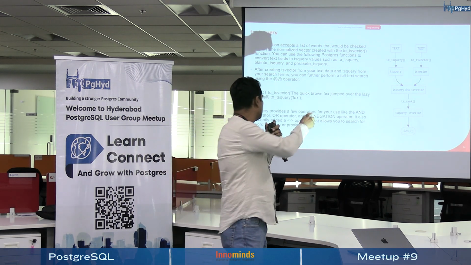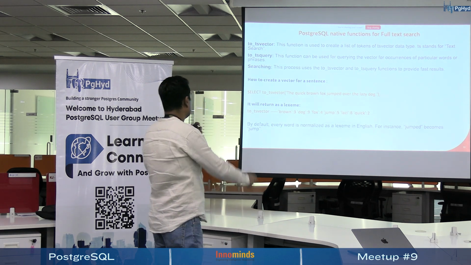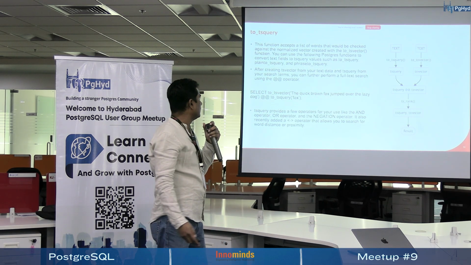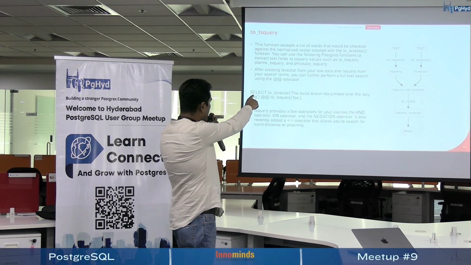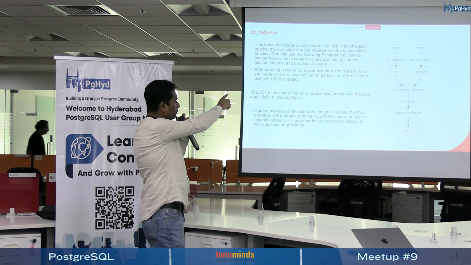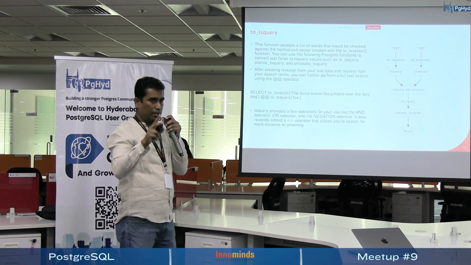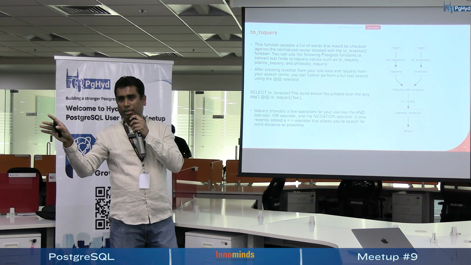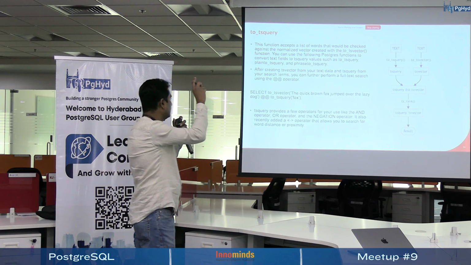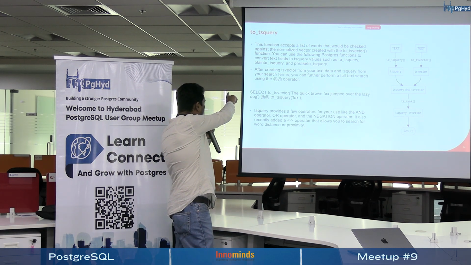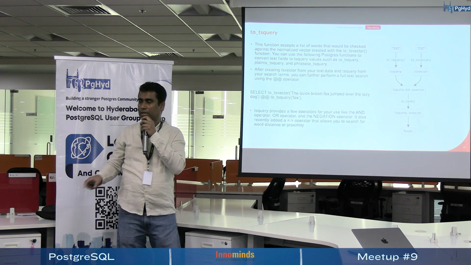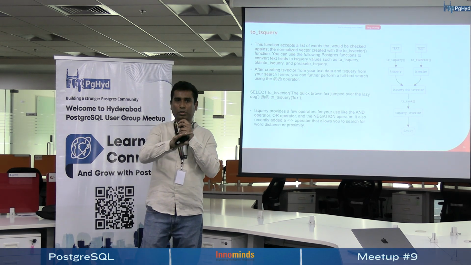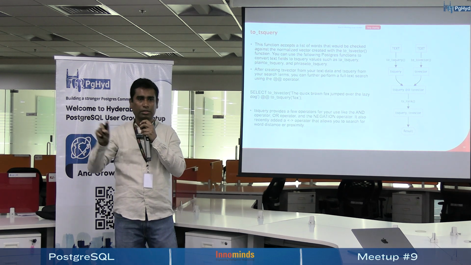Suppose in the previous slide the sentence the quick brown fox jumped over the lazy dog is there, right. If for that particular case you are going to search using tsquery, and you are putting 2 words, then you have to put one word, the operator, and then another word, then only it will give you the result. But if we are going to use plain to_tsquery, then you need not mention any operator in the middle, you just put one word and a second word, and it will work.